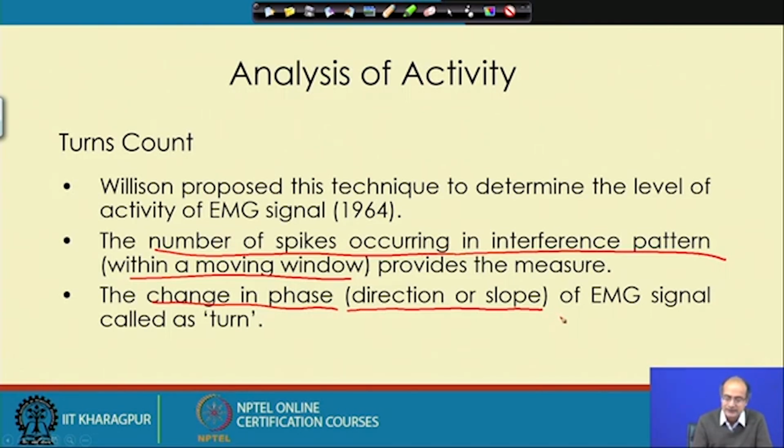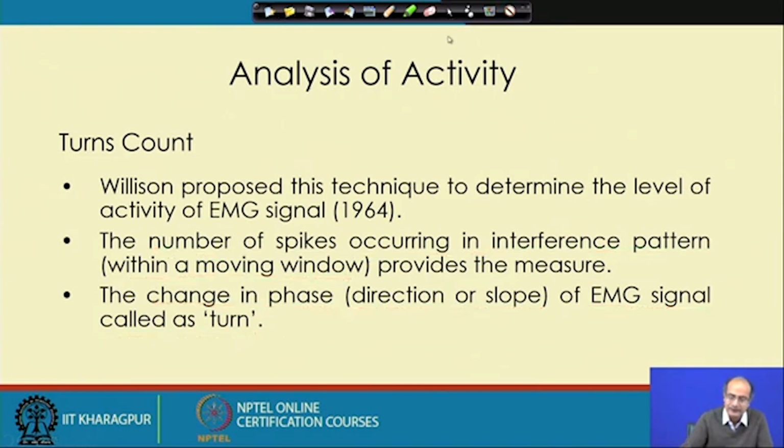Okay. We can say that the slope changes sign. Okay. For the EMG signal, that is what they called the turn, and using that they wanted to get the amount of activity happening in the EMG signal.